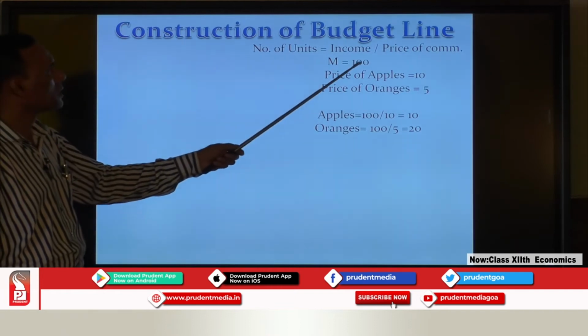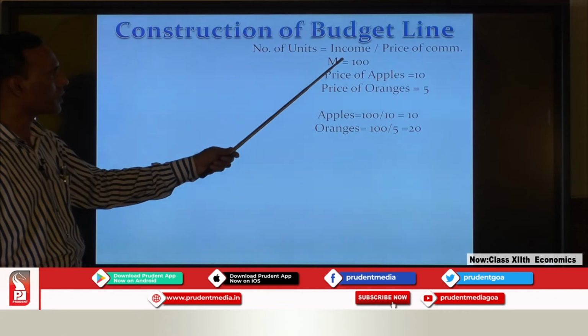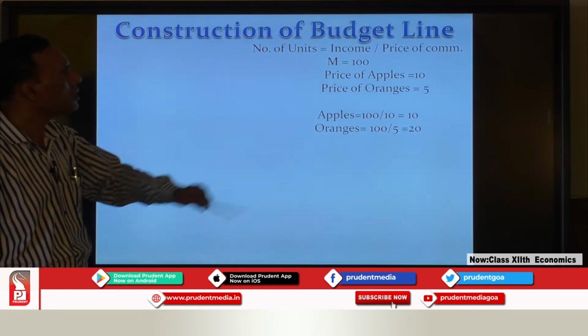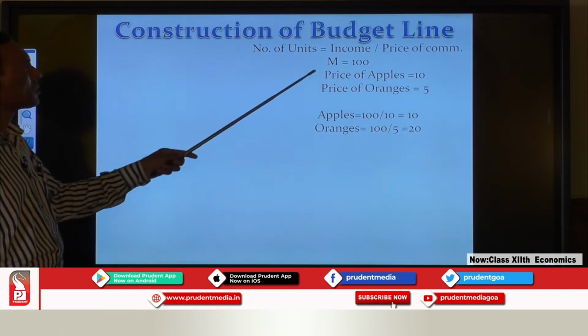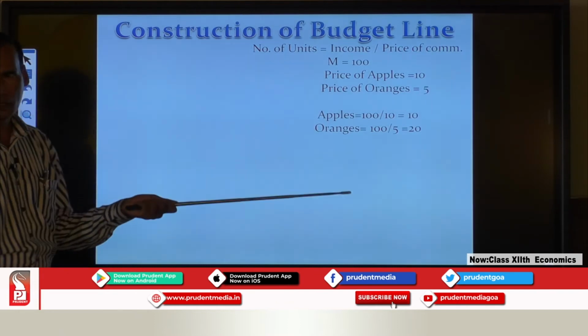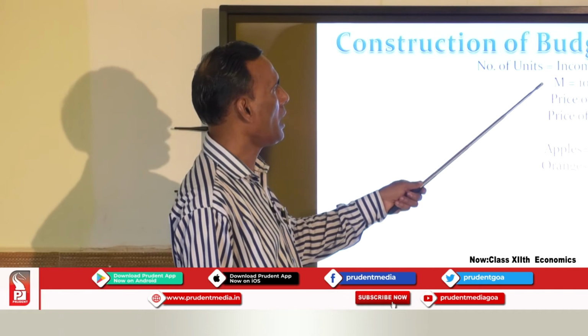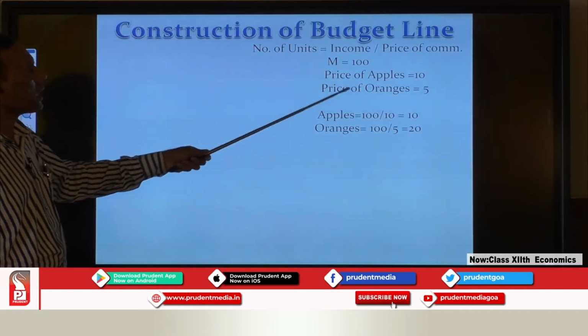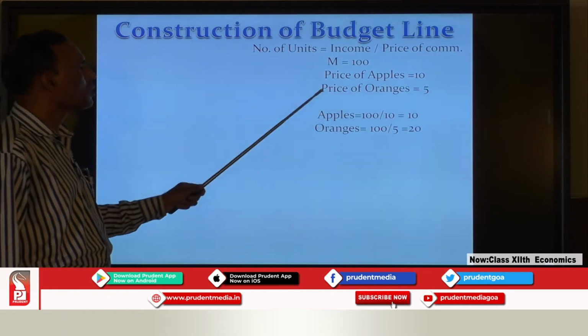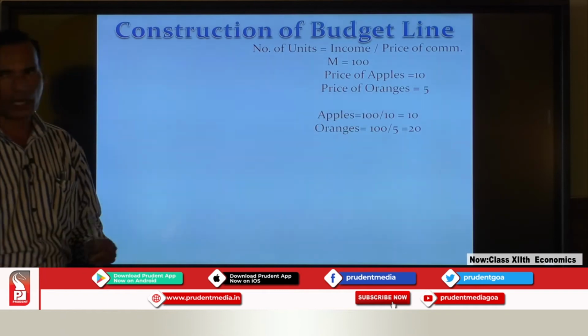Number of units is the income of the consumer divided by the price of the commodity. As per the problem that I have given, M is the income, that is 100. Price of apples is 10, price of oranges is 5.